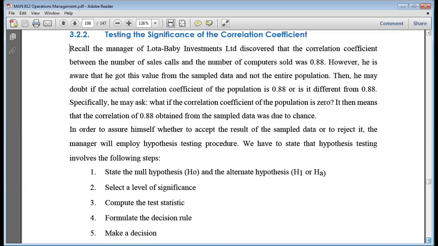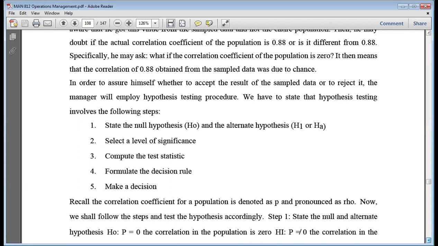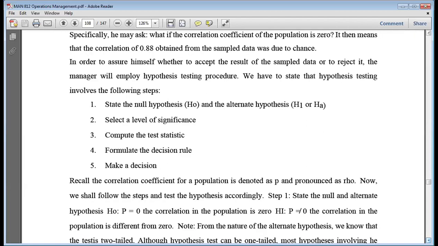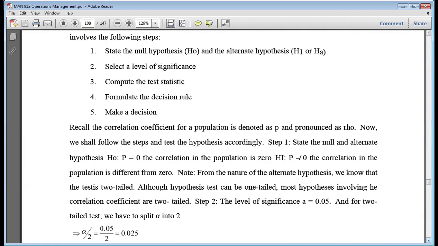That is the situation when you announce all these things I'm saying. Then stating the null, when you want to represent it, H0. The alternate represents H1 or HA. When you see HA, you know it's alternate, but H0 normally represents the null. Then I said the level of significance is normally 0.05.